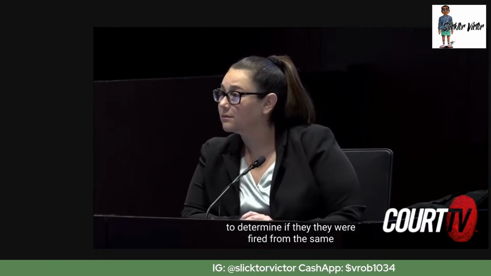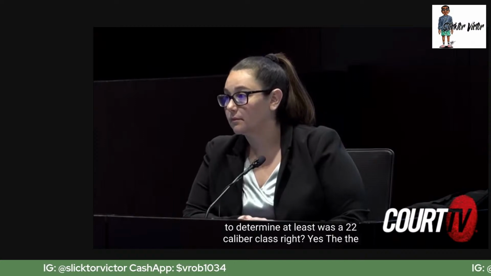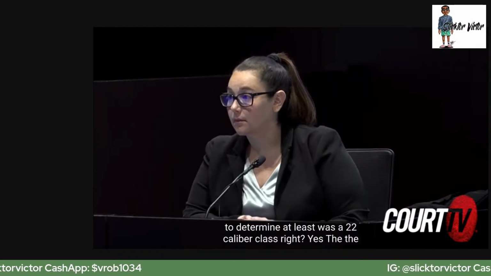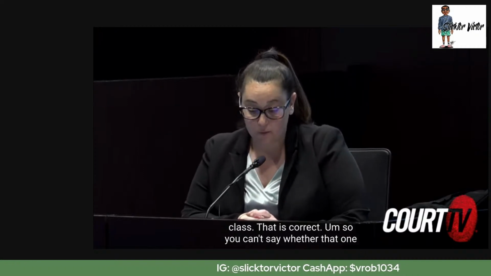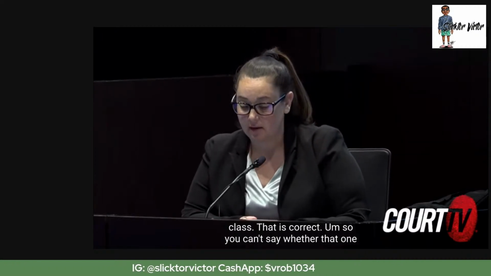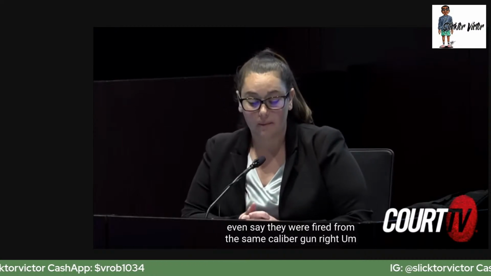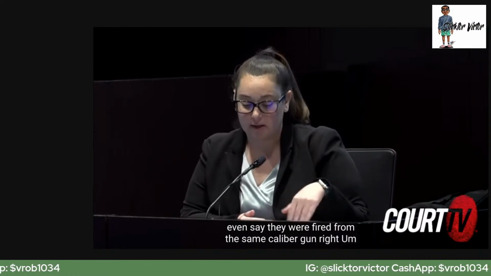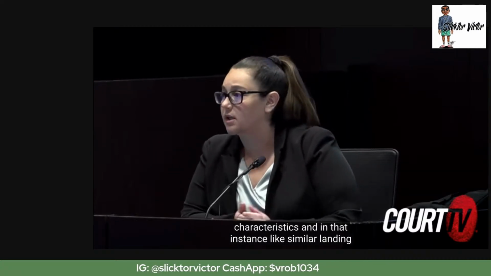The other one you were not able to determine a class. That is correct. So you can't even say they were fired from the same caliber gun, right? For that instance, they did have similar class characteristics, and they had similar land and groove widths. However, I could not determine a caliber for, I believe, item 1 due to its condition.